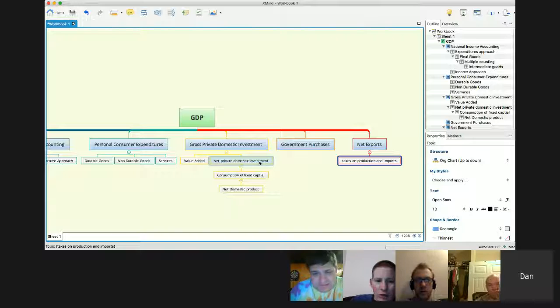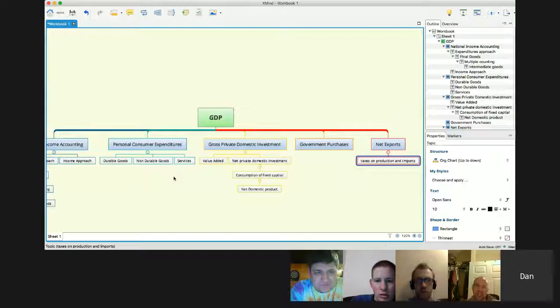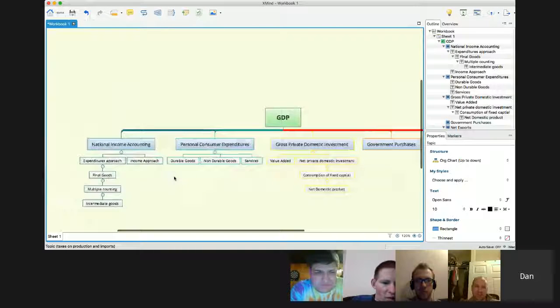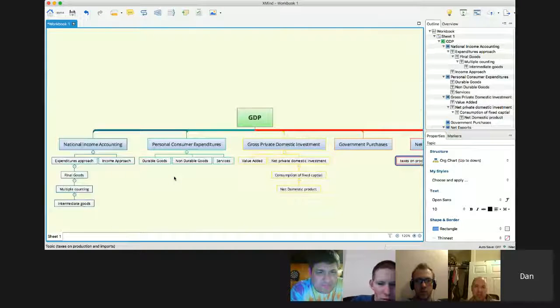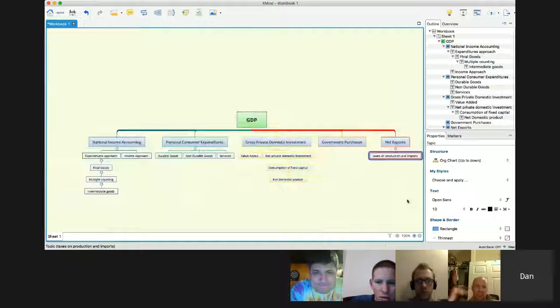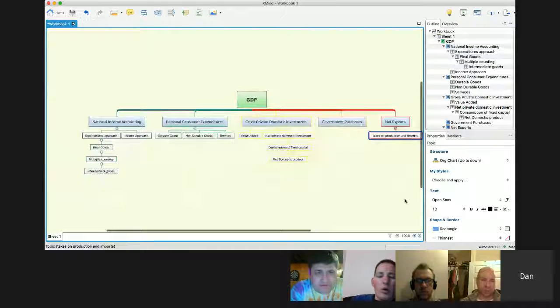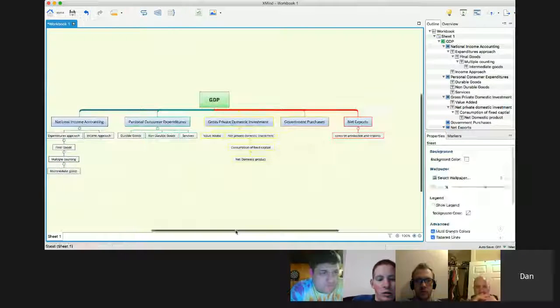Would that kind of go with gross private domestic investment? No, because now these things are all separate subtopics. Net domestic product is now formulating something off of GDP between nominal and real. Would national income go off of the income approach then?